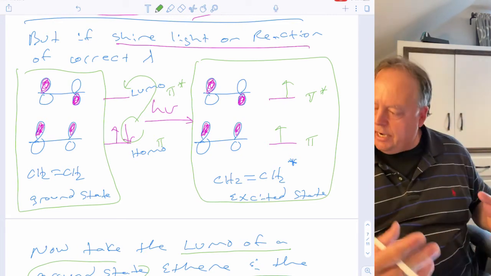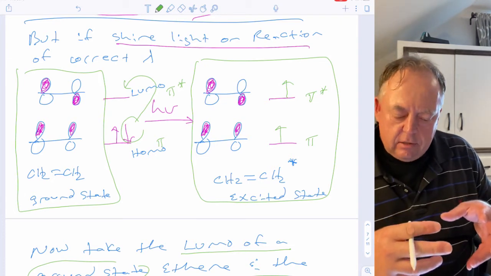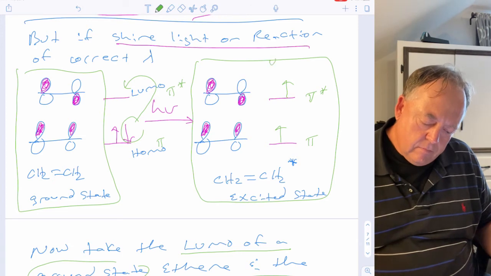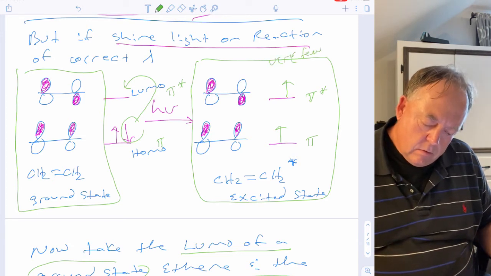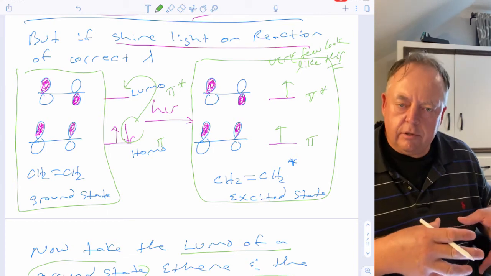If you take this reaction mixture and shine light on it, not every single molecule in that reaction absorbs light. Most of them don't. So only very few of them are in the excited state. Most of the molecules are still in the ground state.